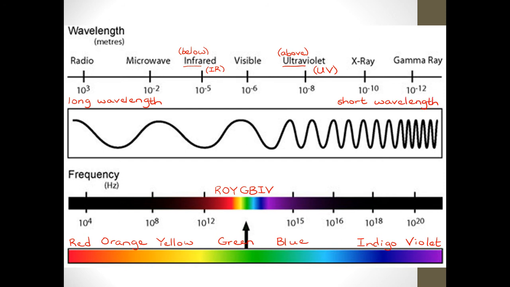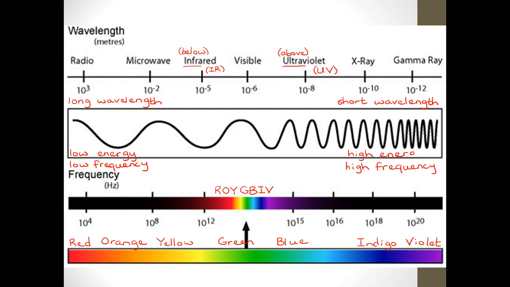Now long wavelengths have low frequency, and so short wavelengths would have high frequency. Long wavelengths and low frequency waves also have low energy. And the short wavelengths with the high frequency also have high energy.